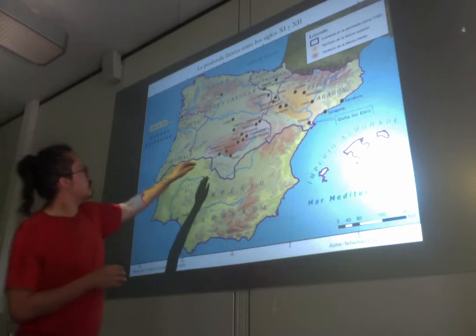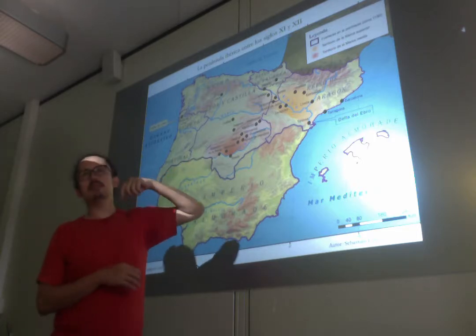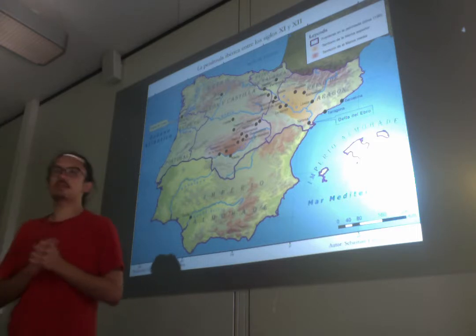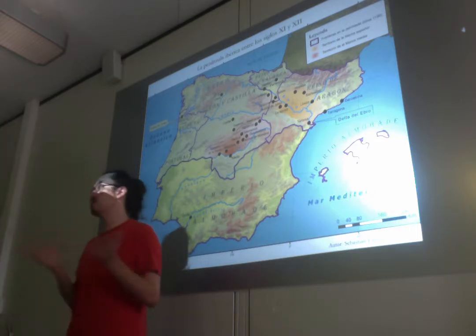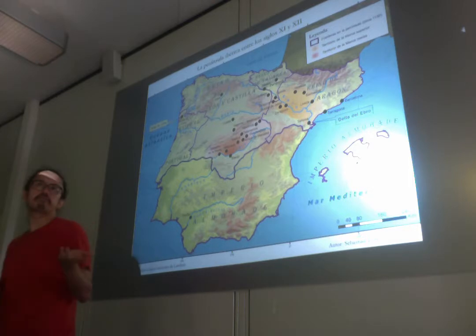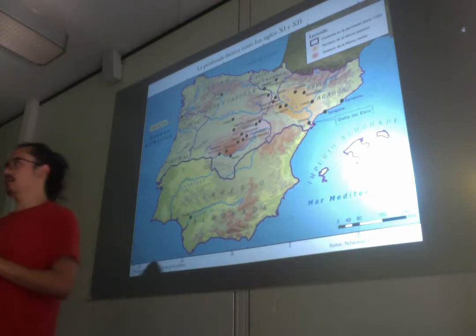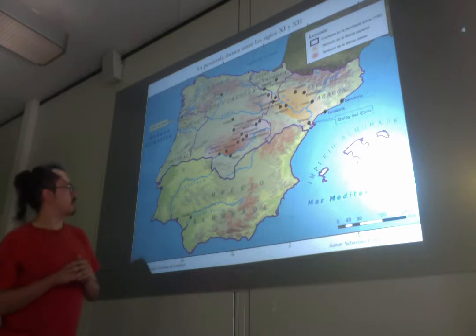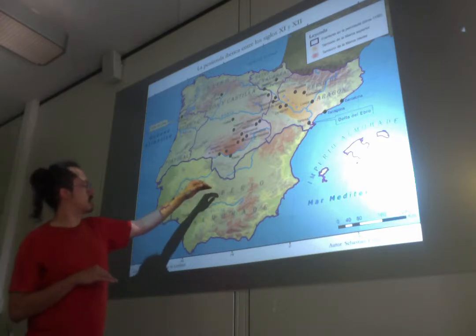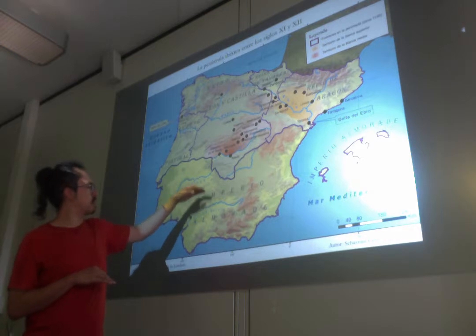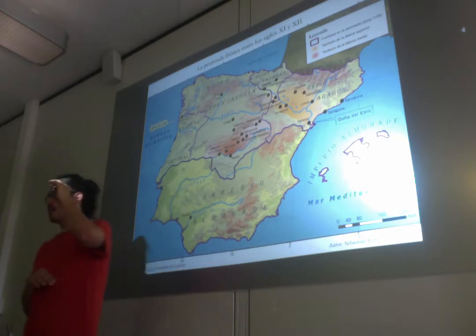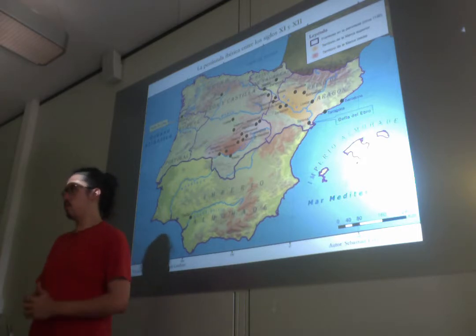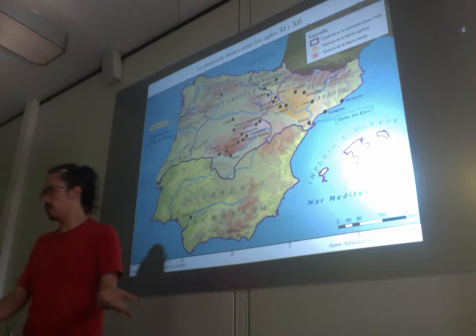So, in the geographical division that Muslims proposed for the Iberian Peninsula, there were three parts. They arrived, I think, between the Guadalquivir and the Guadiana rivers, and they established what was called the lower march, the lower border.